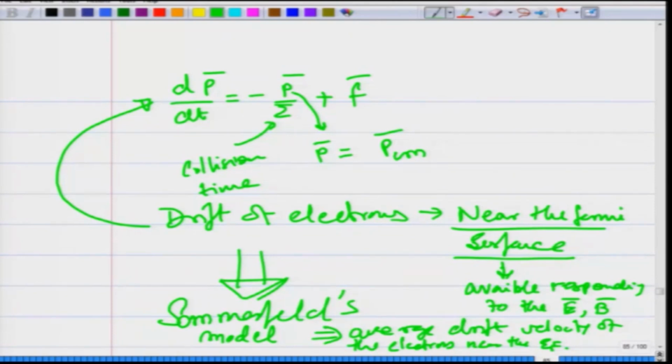The conductivity in the metal is happening through electrons which are near the Fermi surface. When you apply a force to the system, these electrons start drifting, and the drift of these electrons is counteracted by collisions, which try to bring back the center of mass momentum to 0, and ultimately they acquire a net finite drift velocity, which contributes to the net current inside the system.